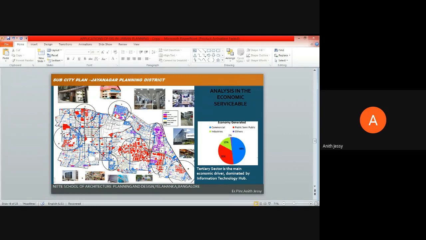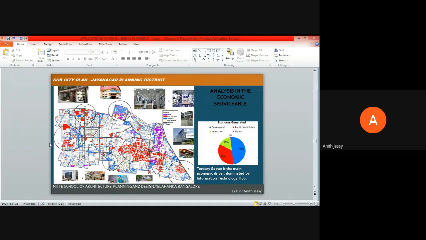All these buffer zones which we have created are high in commercial and public uses as such. So we can see good colleges and universities present over there, and there are IT parks which are playing a major role.